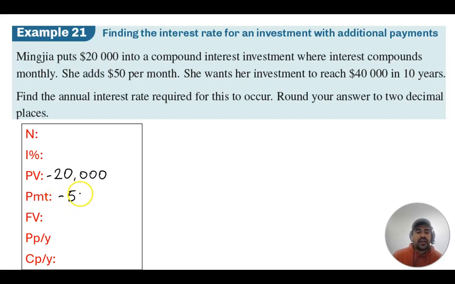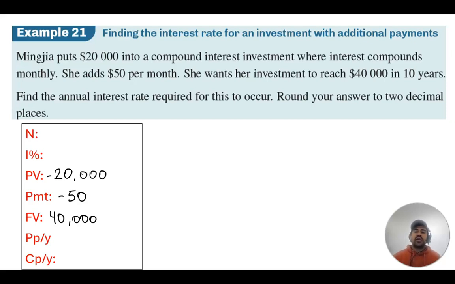So she will be out of pocket by $50 per month. So we have to put a negative in front of that 50. Now she requires the future value of her investment to be $40,000. So at the end of all of these calculations, she wants to have a positive net value of $40,000 in her bank in a duration of 10 years.